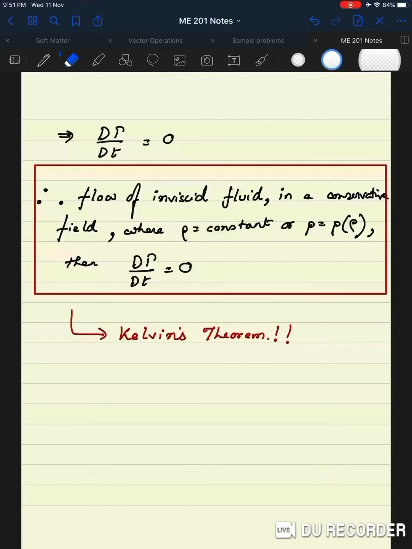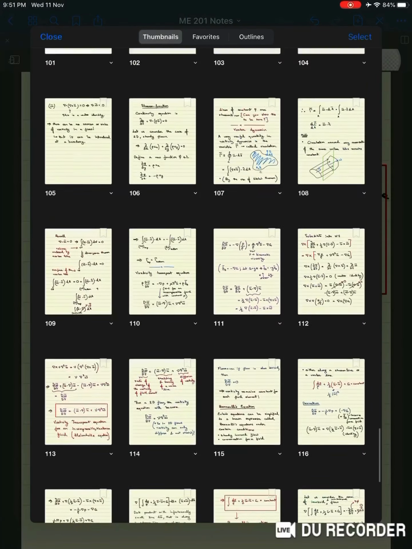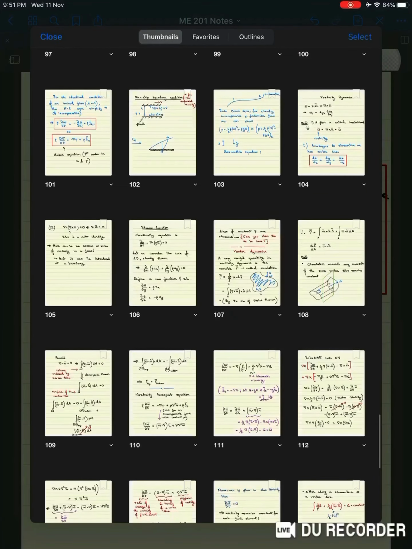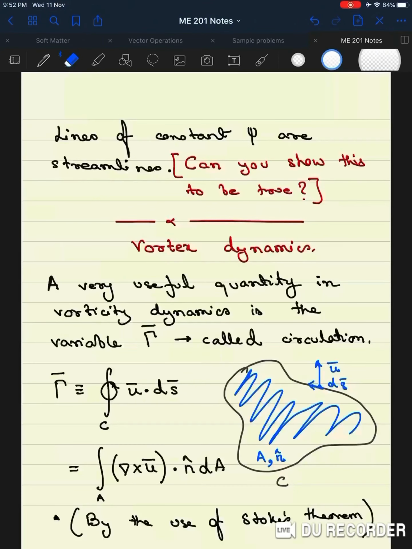Okay, so now that we have done with Kelvin's theorem, there are a couple of other things that we have been looking at, and I want to go back to it a little bit. So one of those things was, I had asked you a few classes back, when we were looking at stream functions, we defined the stream function with respect to the continuity equation, and then we had asked you to show that the lines of constant psi are streamlines.